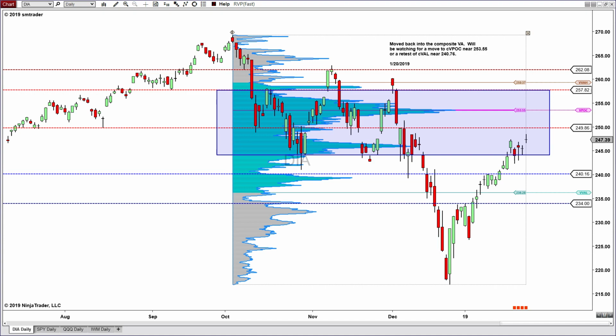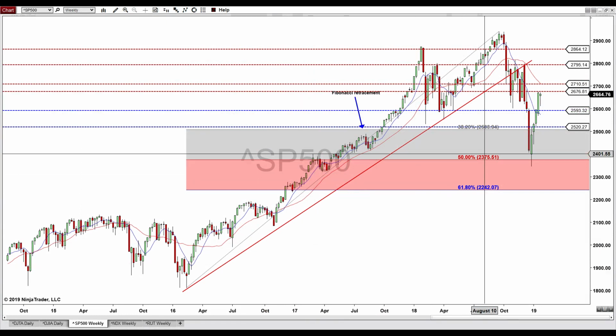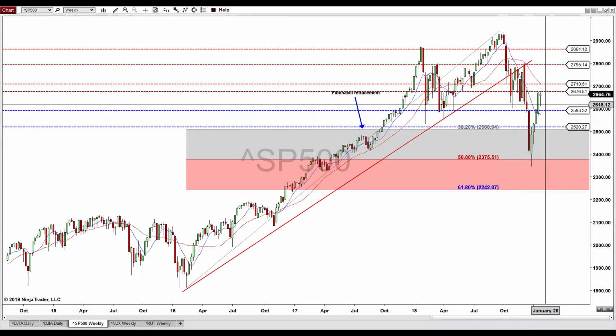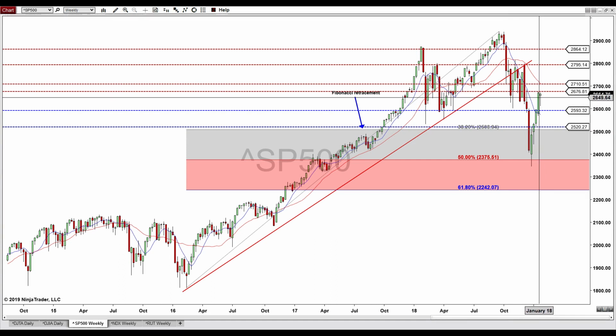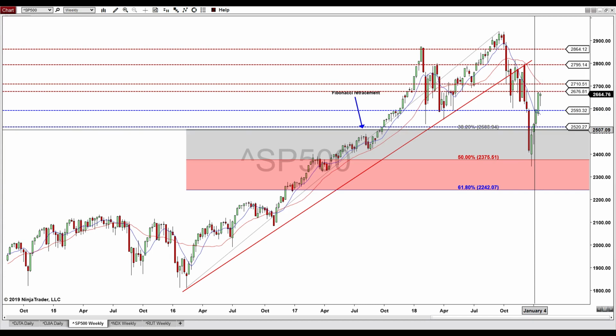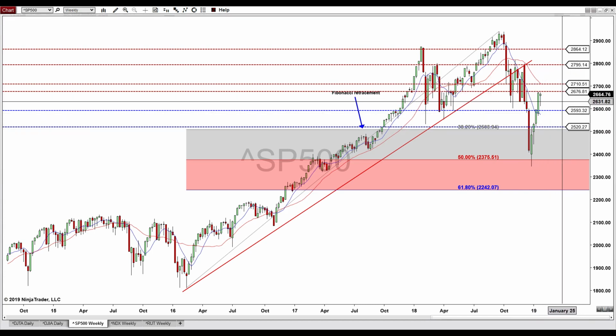And so let's continue with the index, looking at the S&P 500 on the weekly chart here. It too printed an inside doji hammer, you could say, or doji hangman. And it's sitting right below this 2676.81 potential resistance.